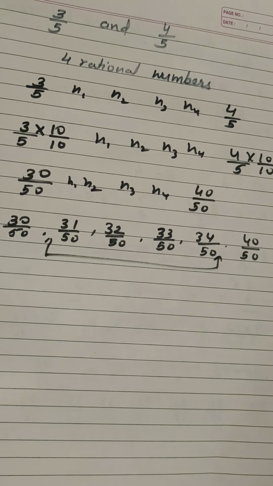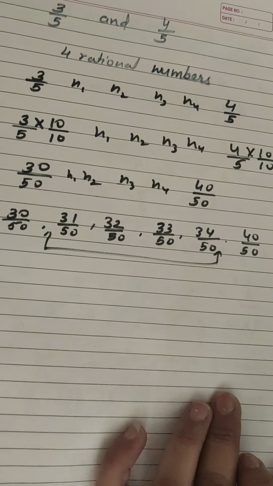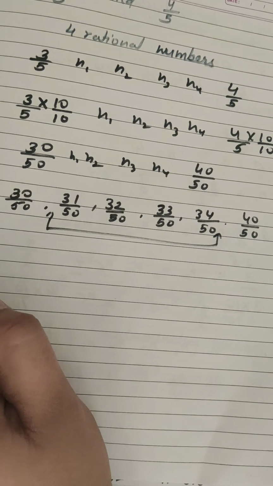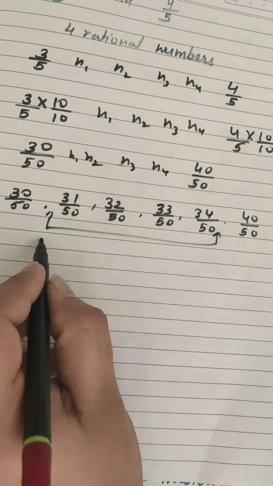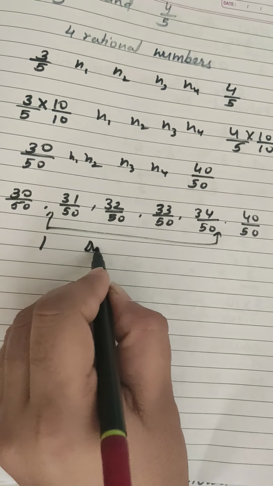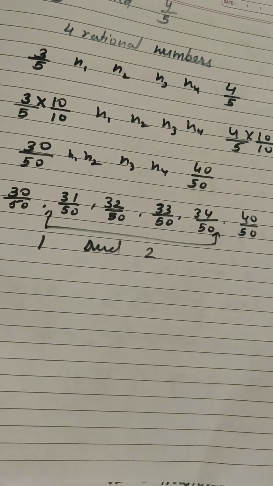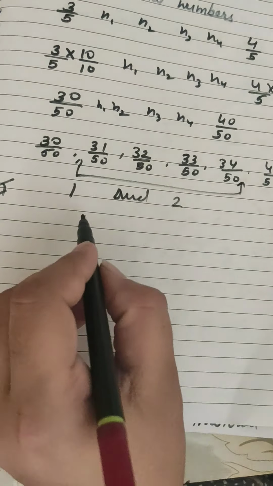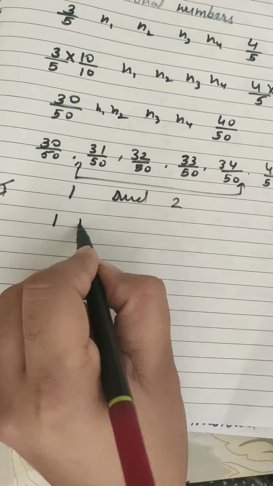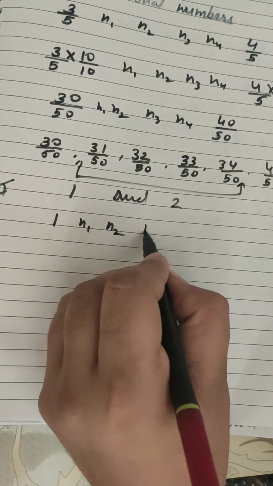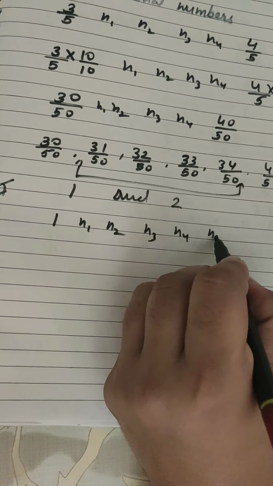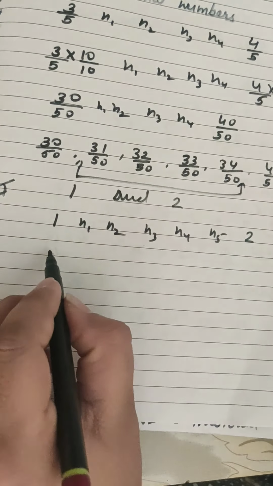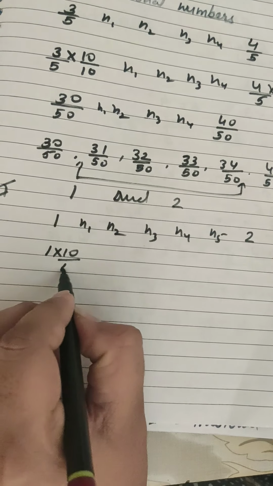These are the results. See, let's move to one more question: if we need to find 5 rational numbers between 1 and 2. How many numbers? 5 numbers. So n1, n2, n3, n4 and n5, I have to calculate 5 rational numbers. So multiply with 10 and divide with 10.